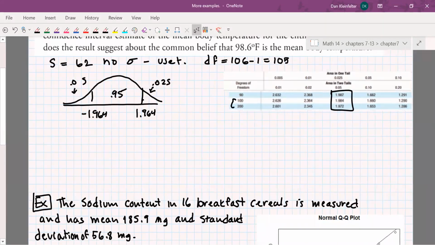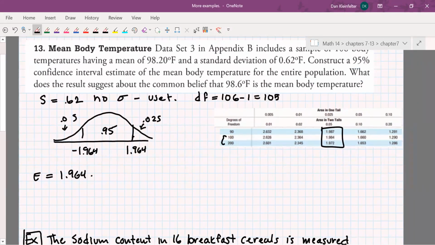All right, so for our margin of error, it will be 1.964 times our sample standard deviation, which was 0.62, divided by the square root of our sample size. Let's calculate that. We get 0.12.